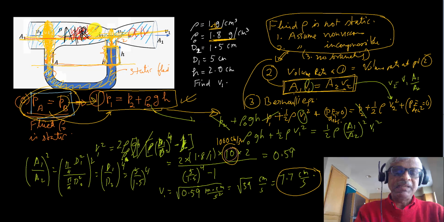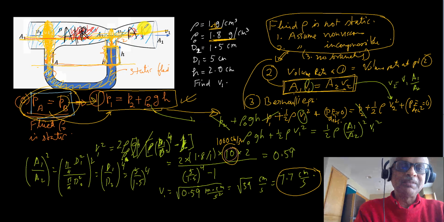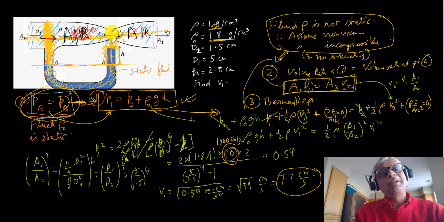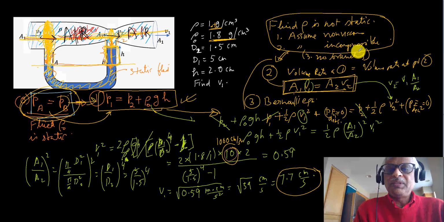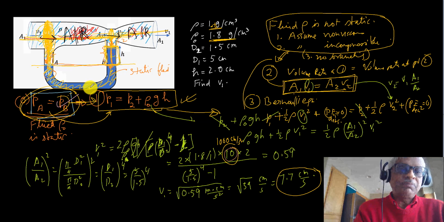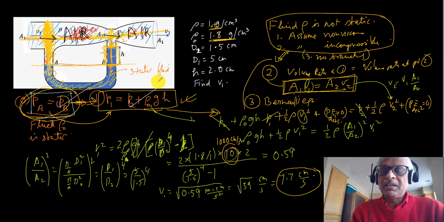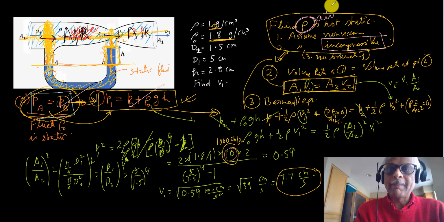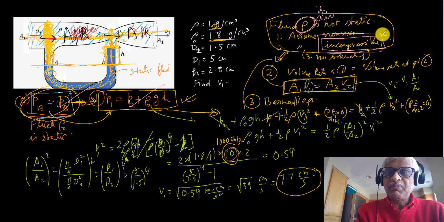So looking at the extension of this problem, air is flowing here and here. Could I go ahead and do that? You can see that this part will be okay, this part will be okay. Where will I run into trouble? Well, I'm assuming that this fluid rho, which is air now, is incompressible.